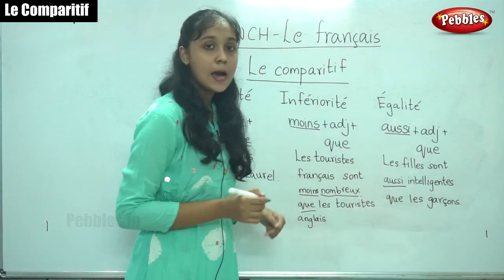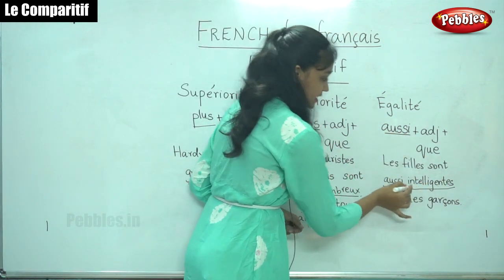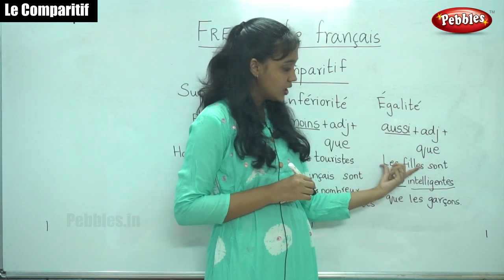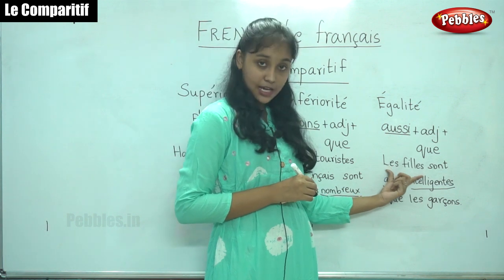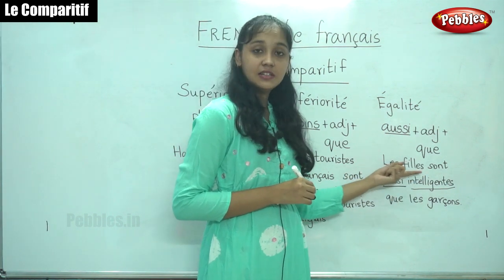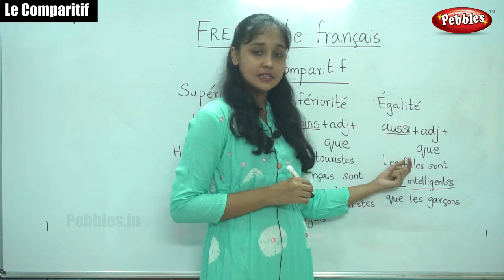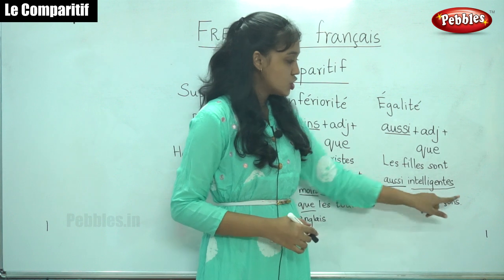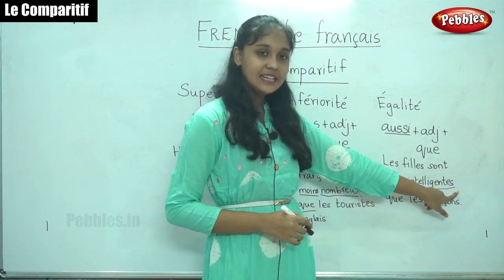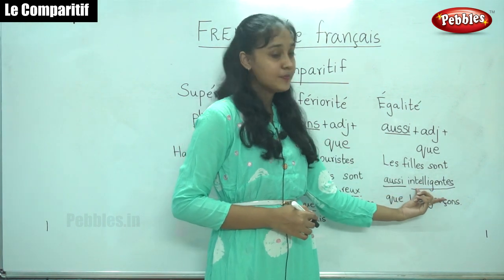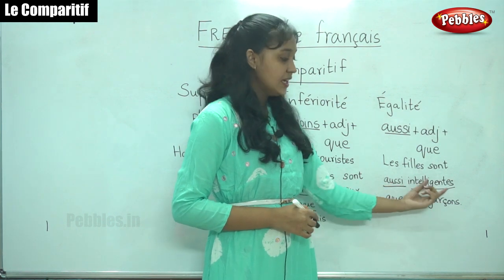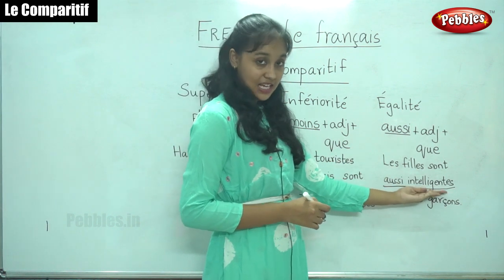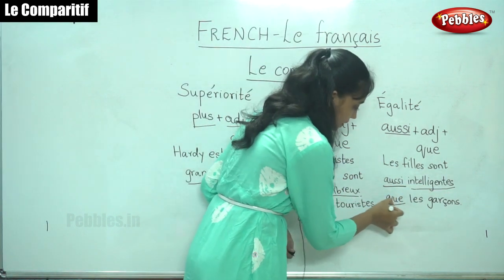Aussi plus the adjective, here intelligent, and we are dealing with a plural noun, les filles. Les filles is the girls. So obviously it is feminine plural. So we add an E and an S to make it in its plural form. Aussi intelligentes que. So aussi plus the adjective plus que.